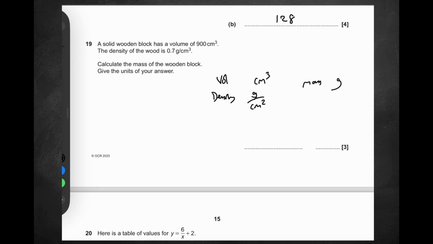We basically need to get rid of the centimetre cubed bit. So if we multiply these two together, it will cancel out the centimetre cubed on the bottom and the top. So our answer is 900 multiplied by 0.7, which is just 630. And our answer, like we said, is in grams because we are looking at mass.